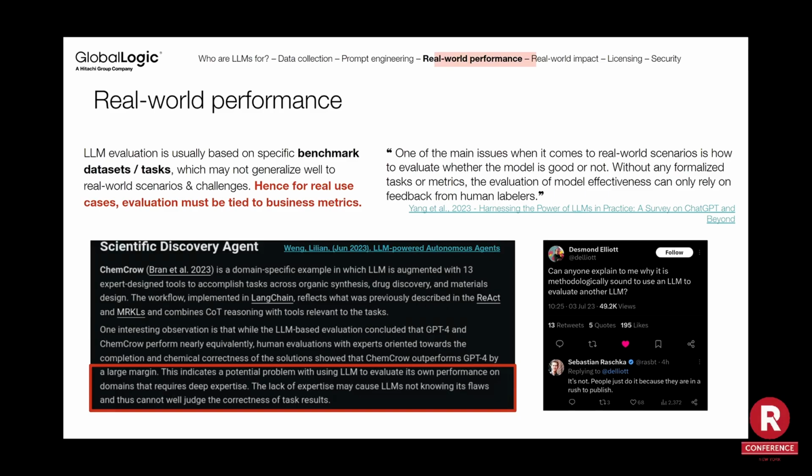Something else that has stirred particular debate on Twitter as well is this approach to evaluate one model by using another model as its judge. It's called LLM as a judge, the approach.